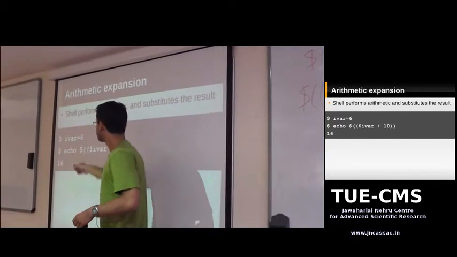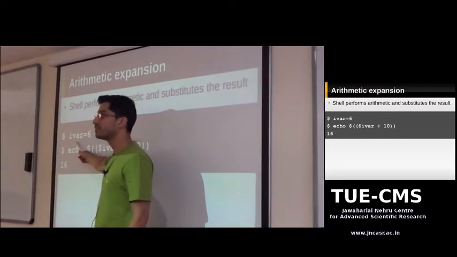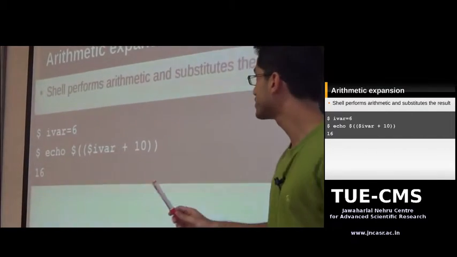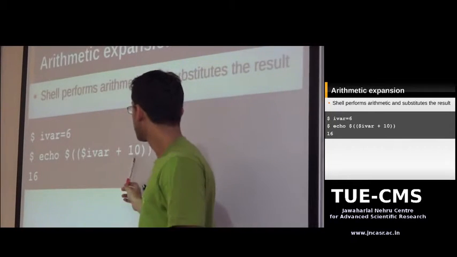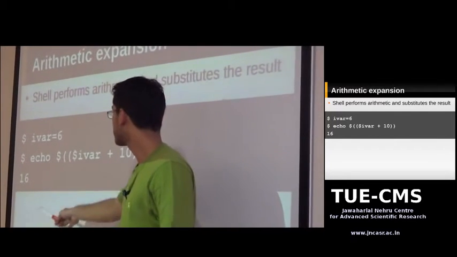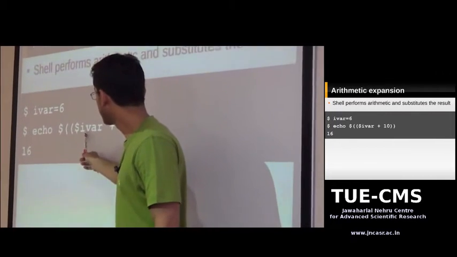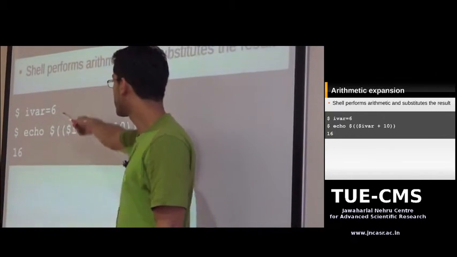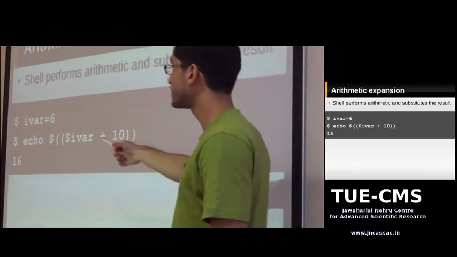See this. We're creating a variable ivar with a value 6. Okay, regular variable creation. Now we're using our arithmetic expansion syntax over here, and we're using $ivar plus 10. So what does the shell do over here? The shell creates a variable ivar with a value 6.